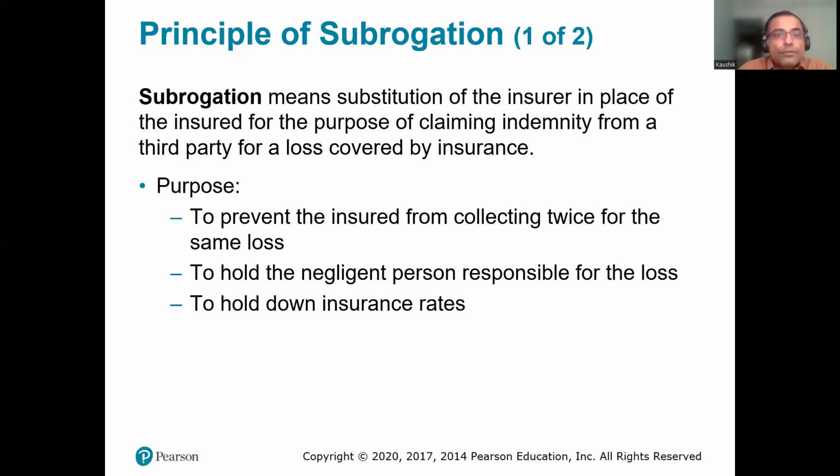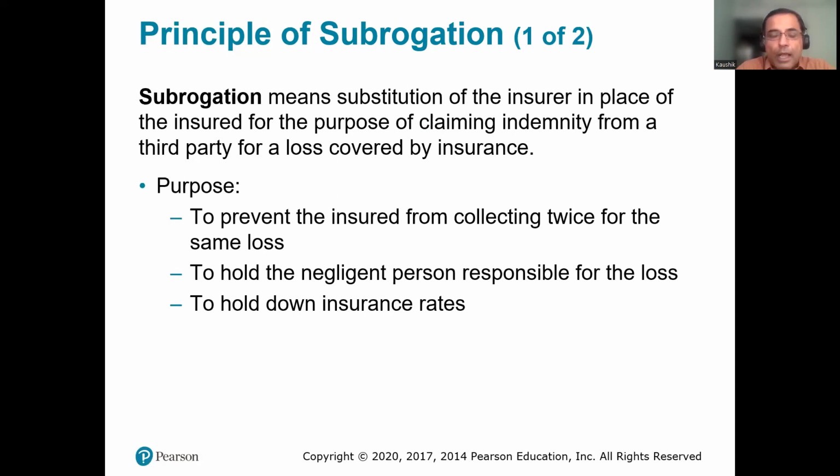It also helps to hold the negligent third party or the offending third party responsible for the loss. And if insurance companies have access to subrogation, then they are likely to recover the payout that they have made to the customer, and they are likely to keep premiums down.